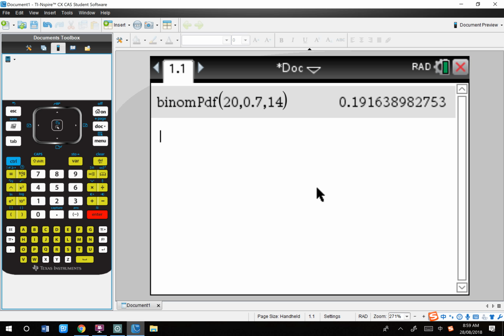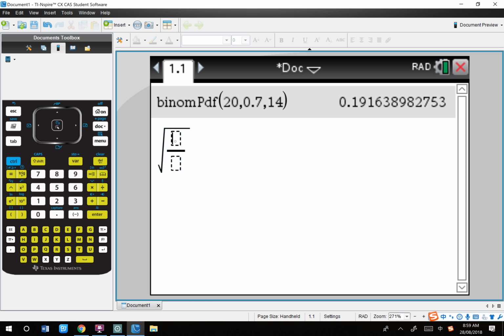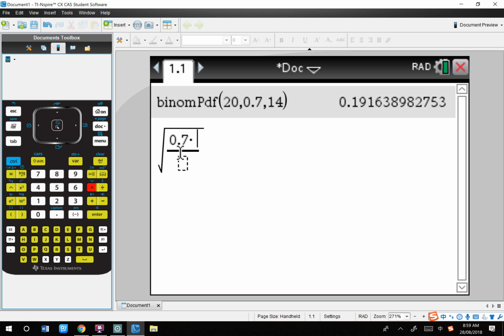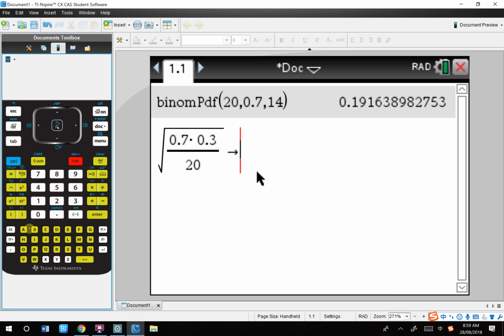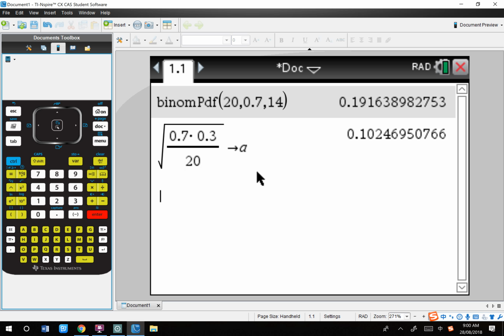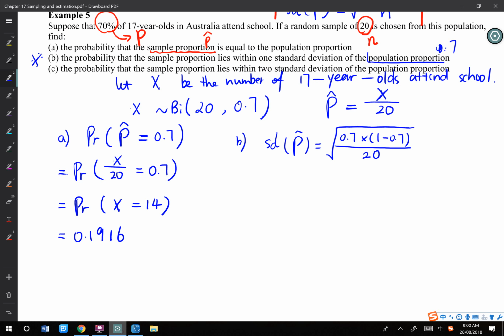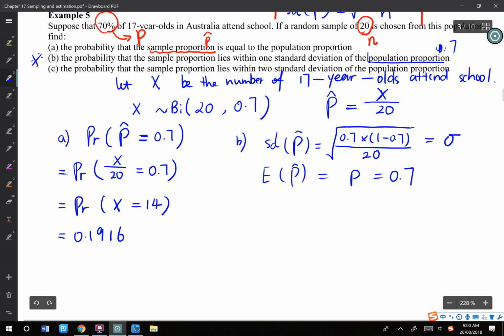Let's save this number in the calculator. Square root of 0.7 times 0.3, that is p times 1 minus p, over n, which is 20. Let's store that number as a. That's the one standard deviation, which equals sigma. And expected p hat equals p equals 0.7.